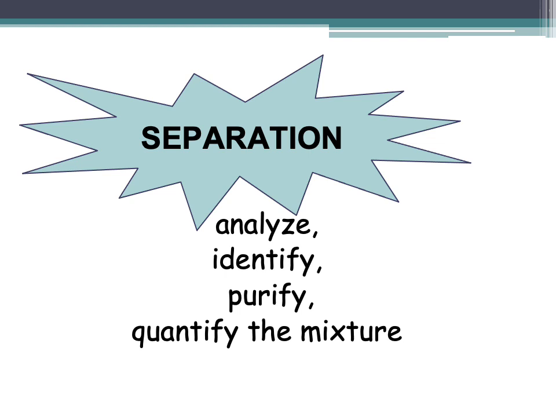Okay, the molecule, type of molecule, jenis molekul yang ada lah dalam mixture tu. So kita nak purify, kita nak bersihkan dia, kita nak jadikan dia pure. Or we can quantify the mixture. So kita nak kira mixture tu berapa dia punya quantity. So this is why we need a separation. We want to analyze, we want to identify, we want to purify, or we want to quantify the mixture.